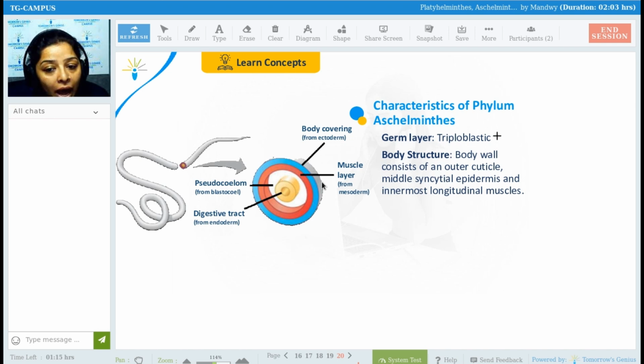They are also triploblastic, and they have pouches, which is not a pure coelom or body cavity, that is pseudocoelom. Triploblastic means they have three germ layers: ecto, endo, and meso.